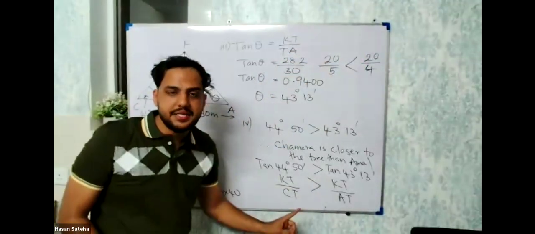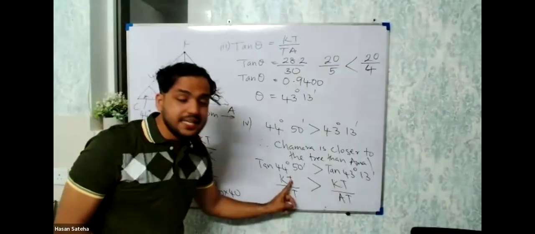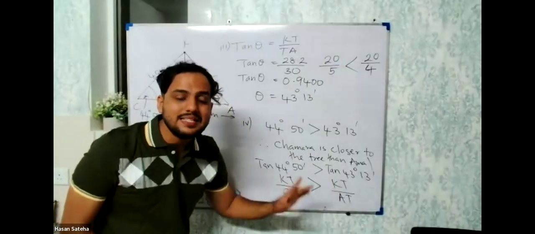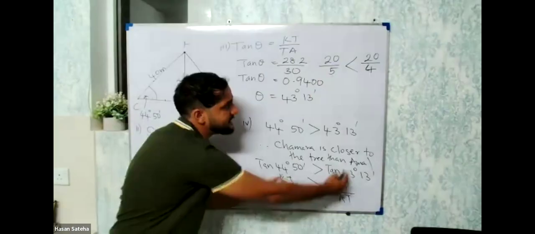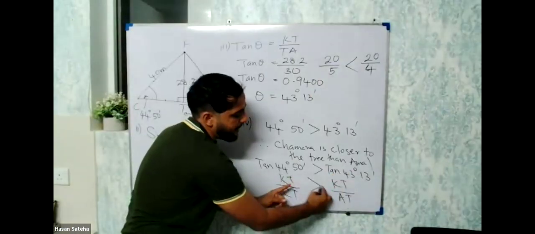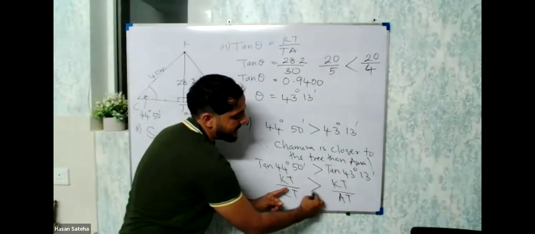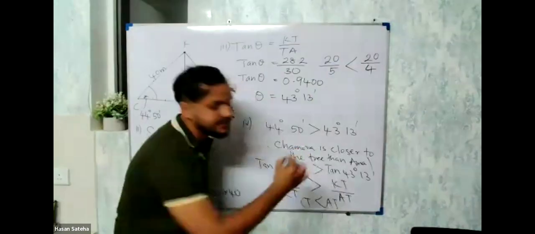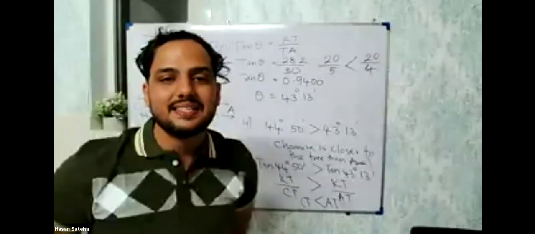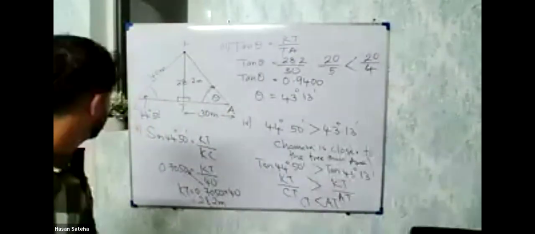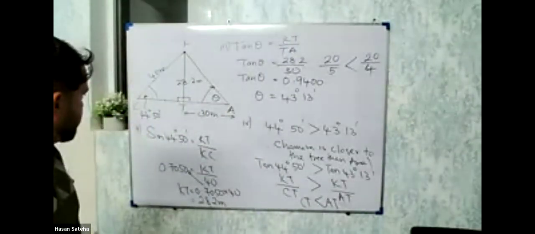Now we'll apply the same knowledge here. The fraction value KT over CT is greater than KT over AT. The numerator is the same, so AT should be greater than CT. Is that clear?